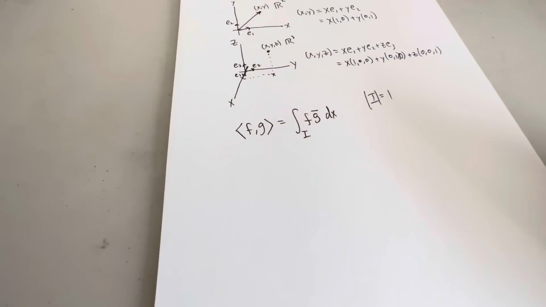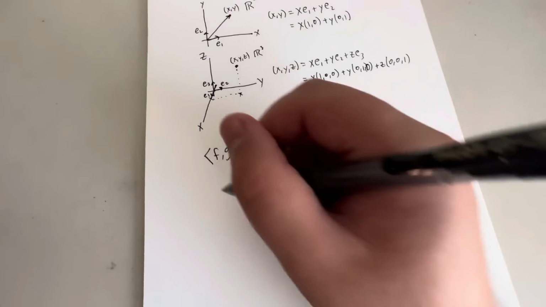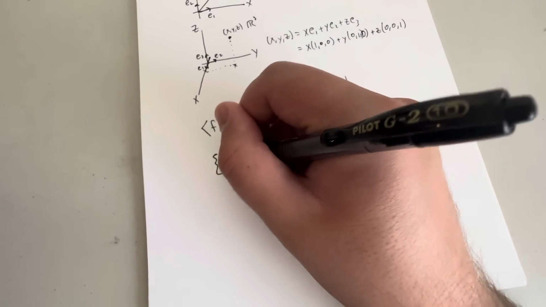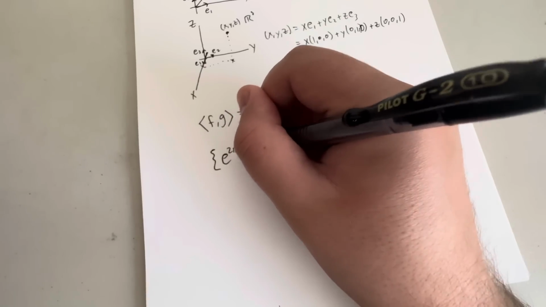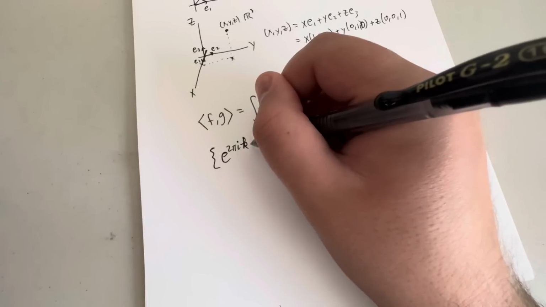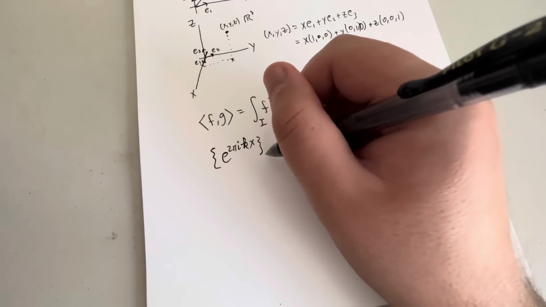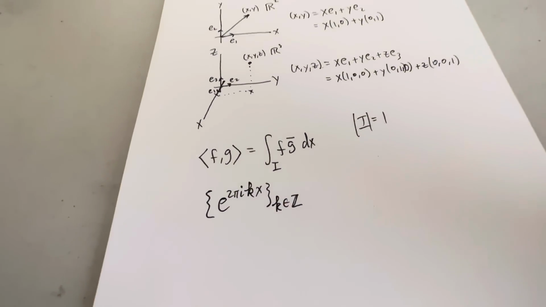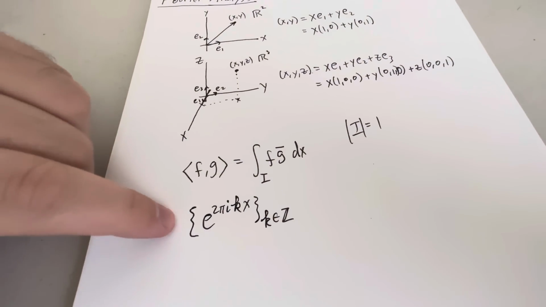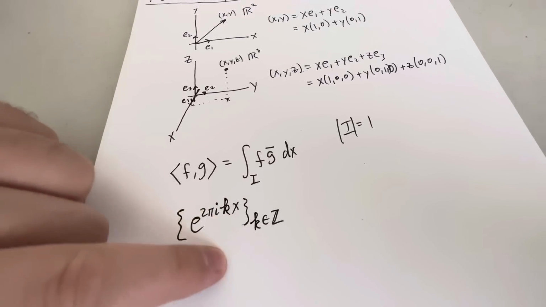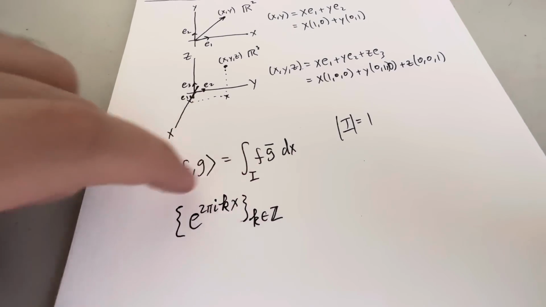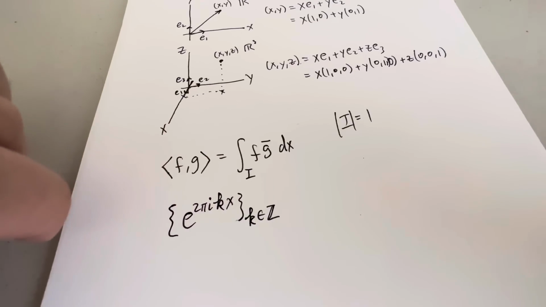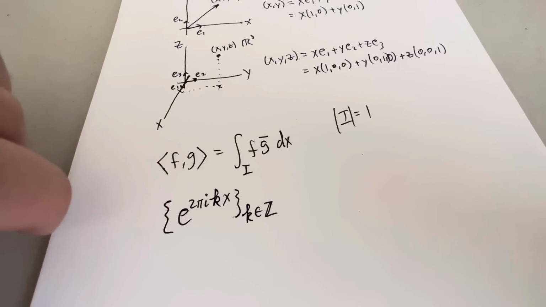Now, what is the system of functions that we like to use? We like to use these, e to the 2 pi i k x, where k is an integer. The idea is that this family of functions, when substituted in here, when you look at the scalar product, forms an orthonormal system.